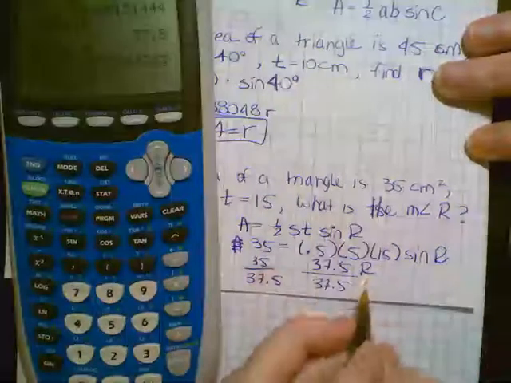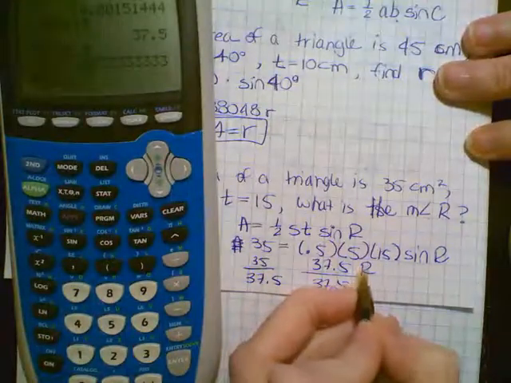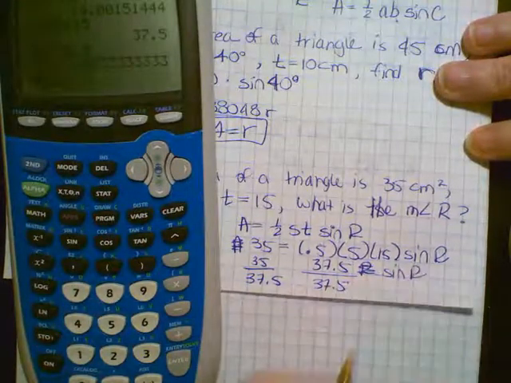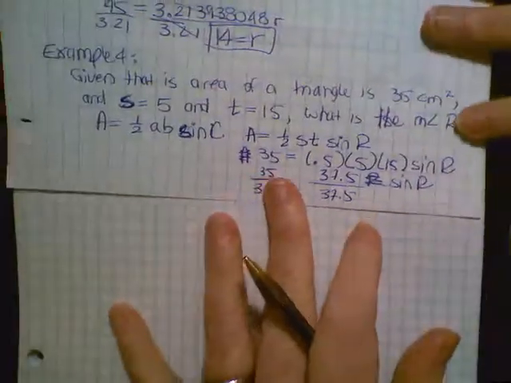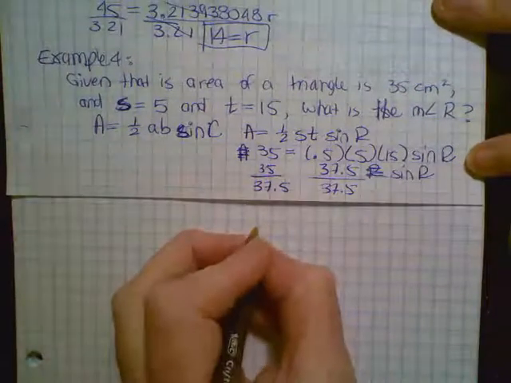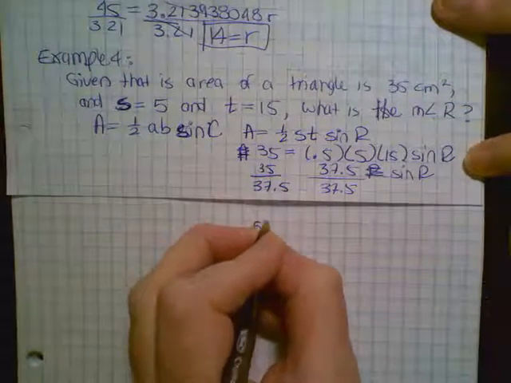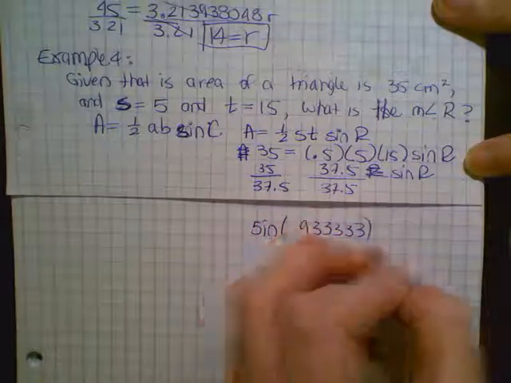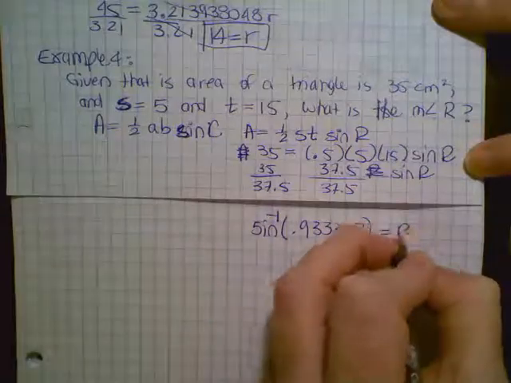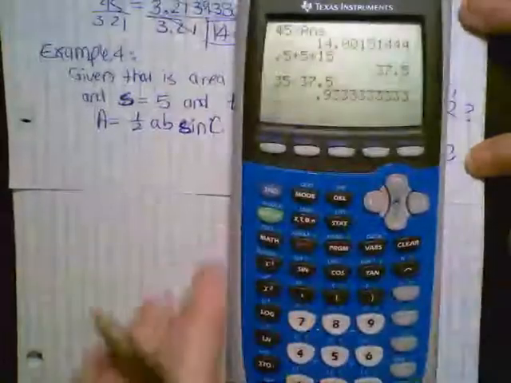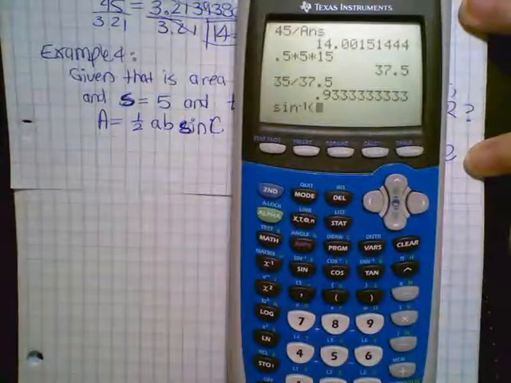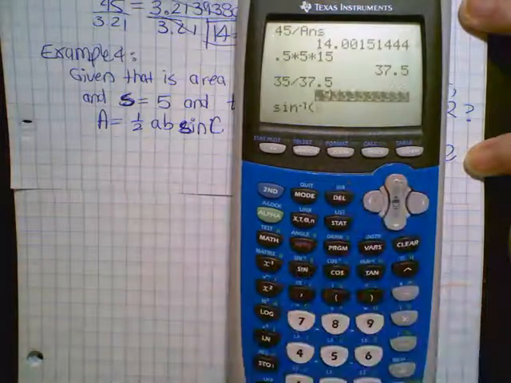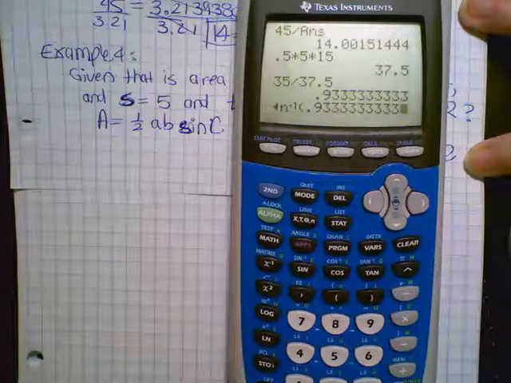And remember that we're talking about sine of R, right? This is sine of R. So we're going to use the inverse function for this. So we're going to say that sine of my number, 0.933333333, inverse is equal to R. So second sine to get the -1, and then I'm going to grab that answer, press enter, and then press enter again.